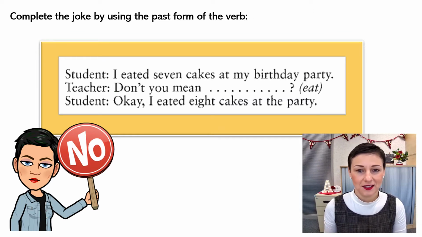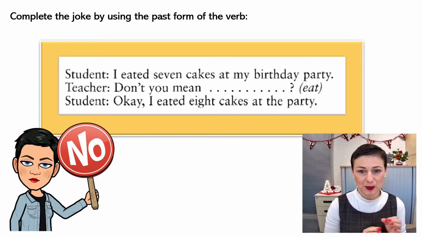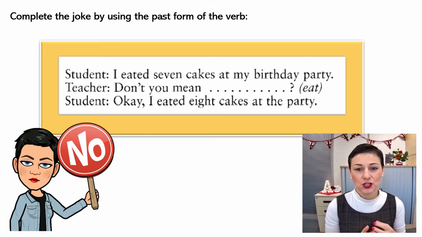Let's start with the number 1 mistake all learners of English make. Non-native speakers and native speakers included. So when English children start learning English, they make this mistake.